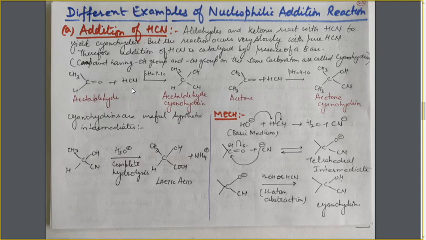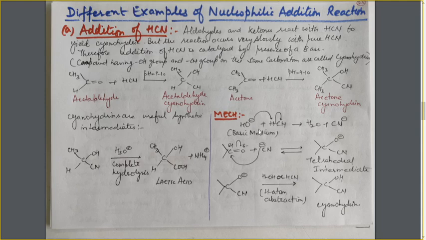So to increase its concentration so that the reaction can easily take place, we have taken the basic medium, and this basic medium will increase the dissociation of HCN, leading to the formation of greater CN negative ion, which can easily carry out the reaction, as is clear from the mechanism.